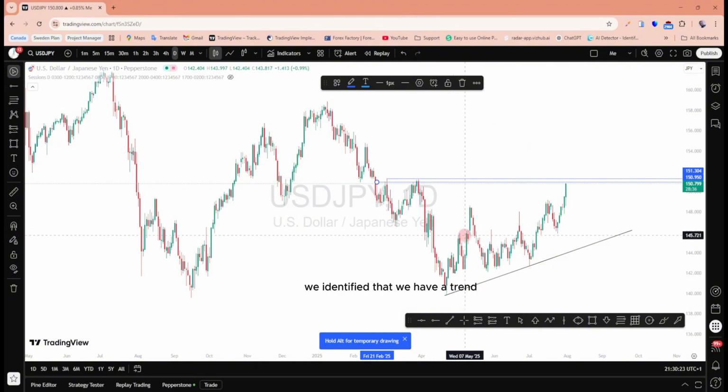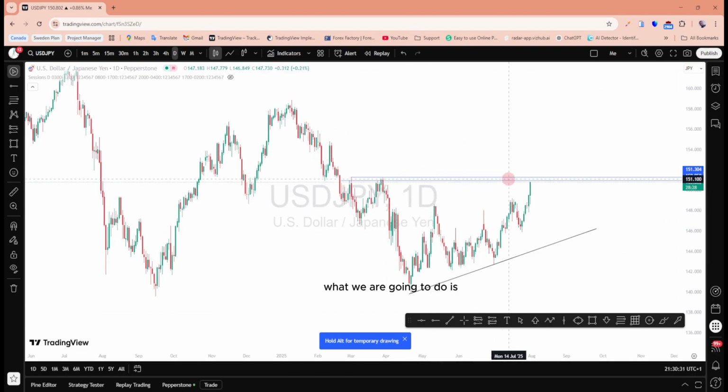Okay, we identified that we have a trend, a buy trend market. We understand that when price gets to a resistance, a strong resistance like this, and why do I categorize this resistance as strong? The first touch broke through the zone, came back and created a double top in that same zone, and broke through the previous low which it created.